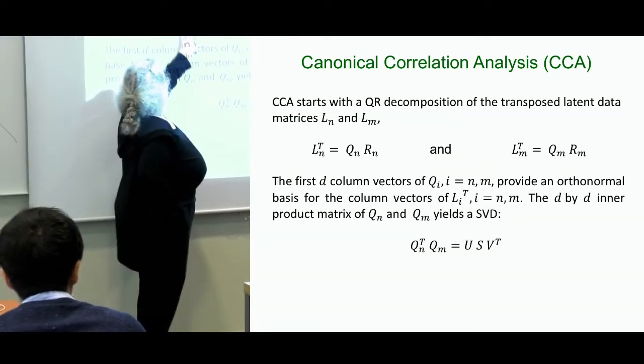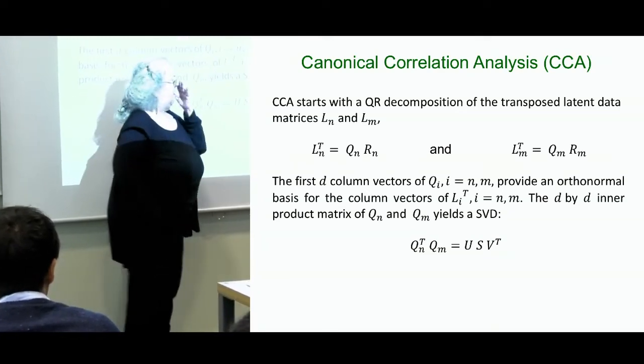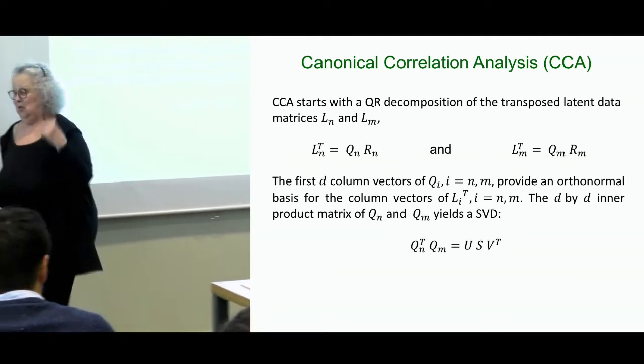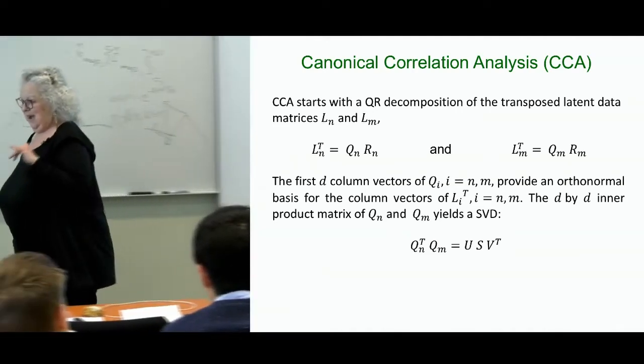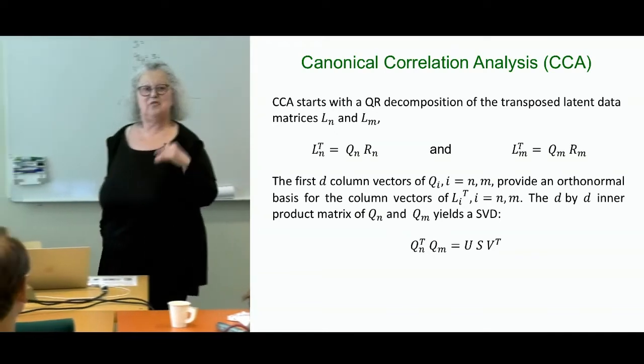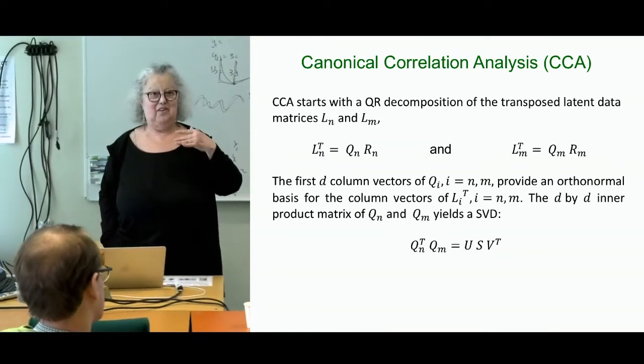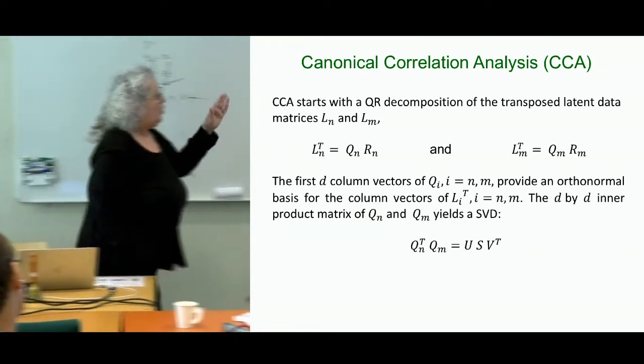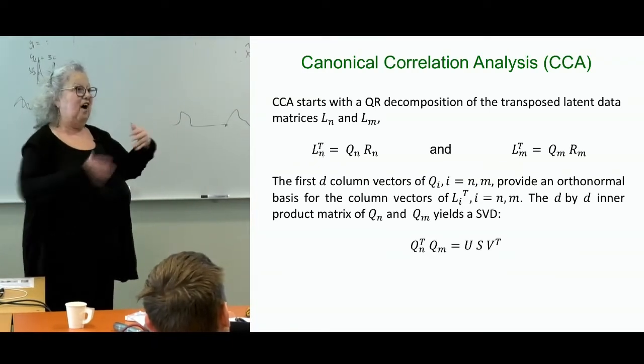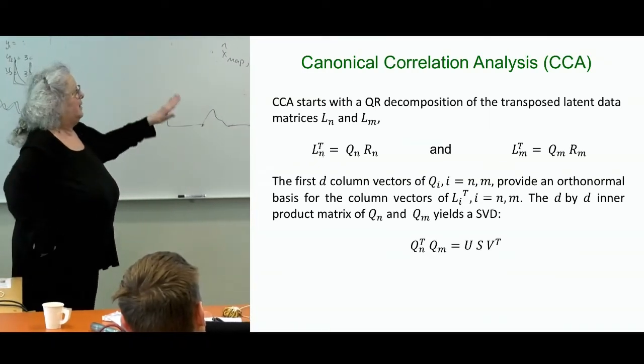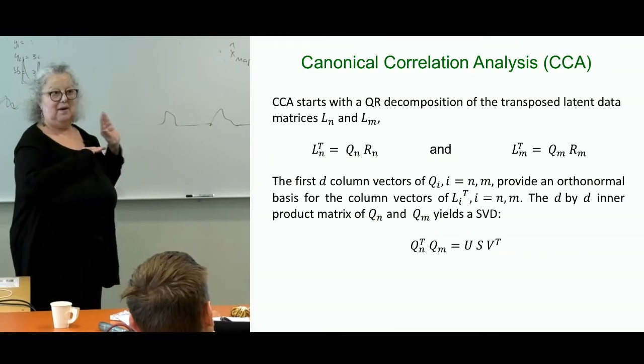And you undo the transformation with R. Those of you who have a physics background, remember these Gram-Schmidt orthogonalization devices, right? Q is a matrix of orthogonal vectors, and R are the mixing coefficients that make the L matrices non-orthonormal.